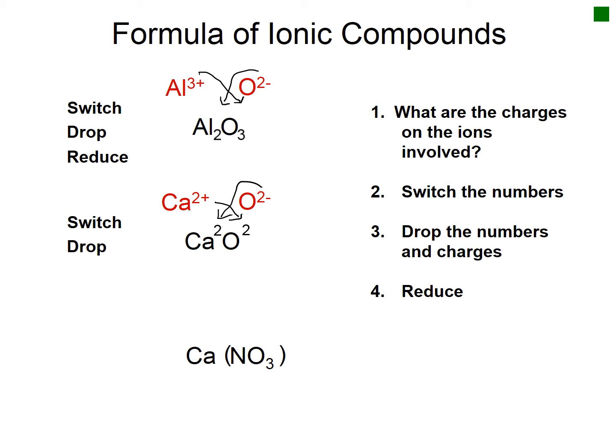If we drop them, you can see Ca2 and O2. Now when we reduce, if they're both 2s, we can divide each of them by 2 and get them reduced down to a 1 and a 1. So we don't have to write out Ca1O1. We just write out CaO to represent there's 1 of each. So those 1s again are implied.